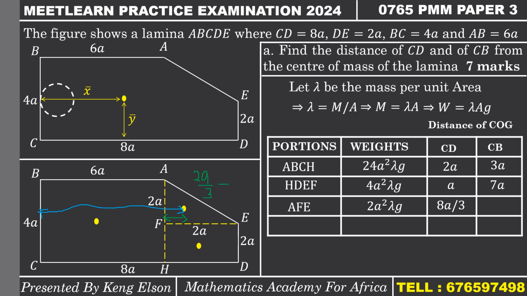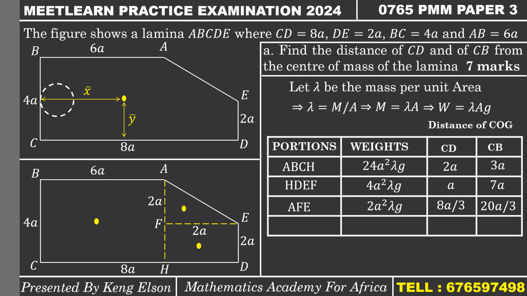Then we add it to the distance from the height up to CB, which is 6a, the length of the first portion. So when we add, we have 20a divided by 3. All right, we are done with the individual portions we considered.